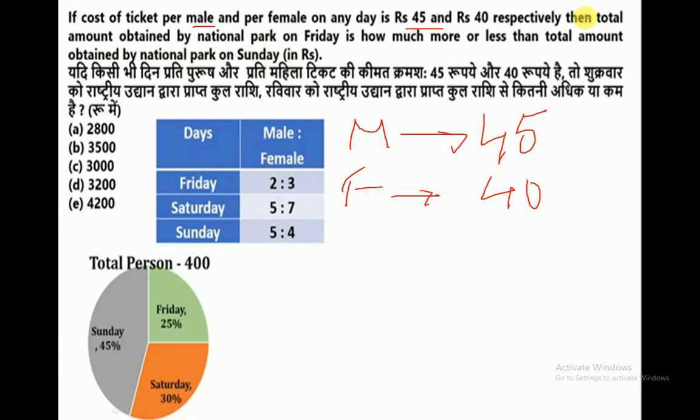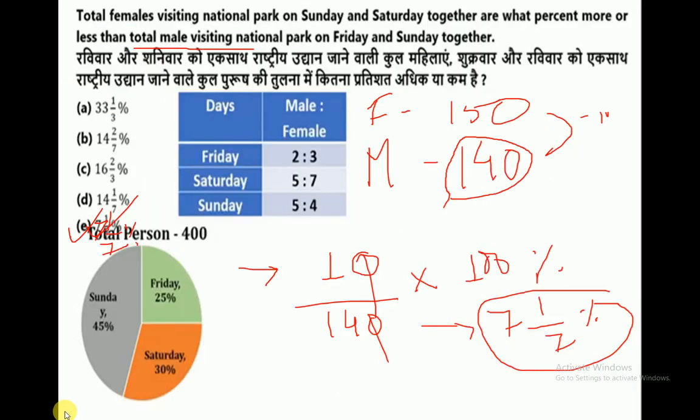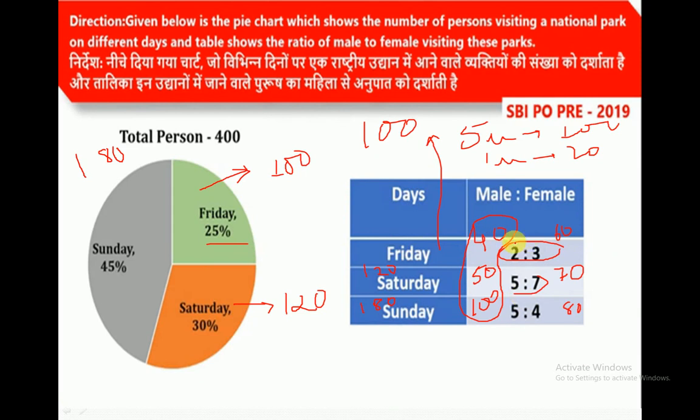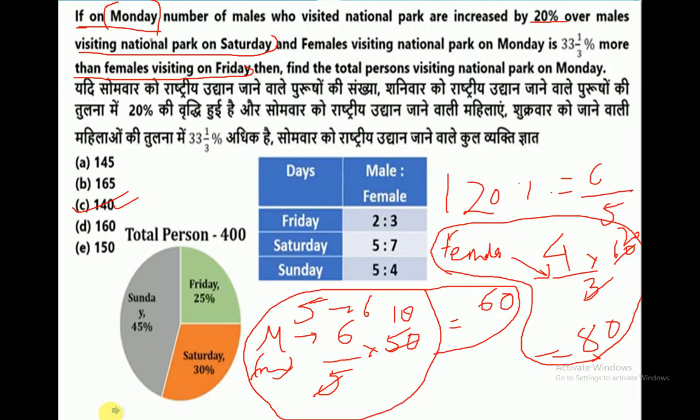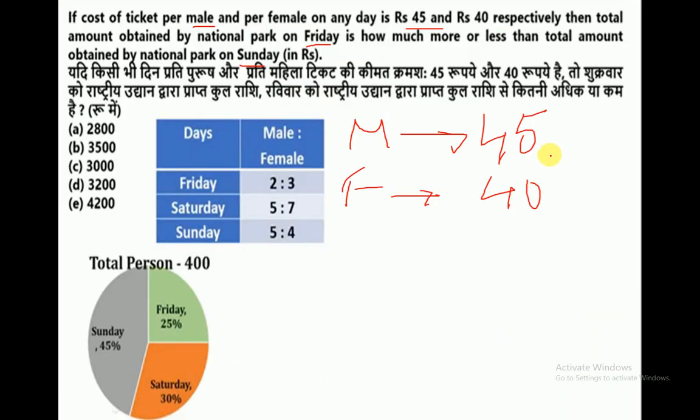Okay, so we have to compare what? Friday and Sunday. So Friday, number of males and females is 40 and 60 respectively. Males is 40, females is 60. This is of Friday.